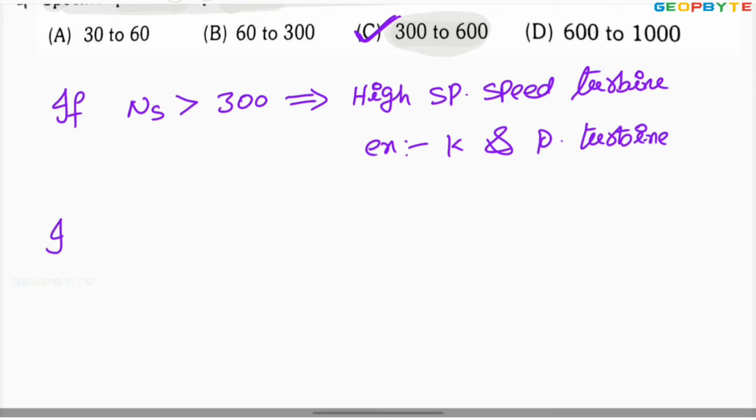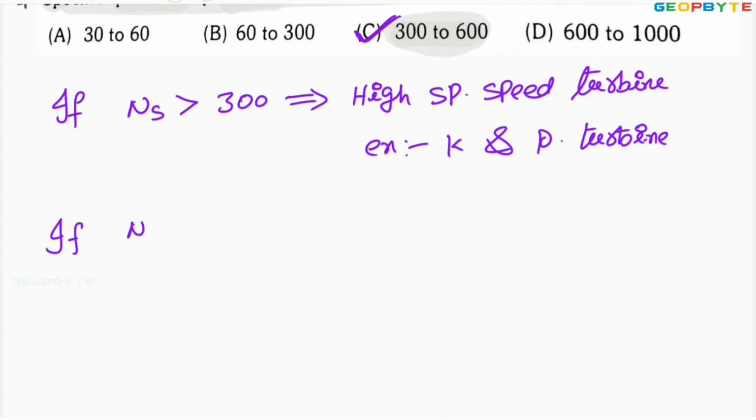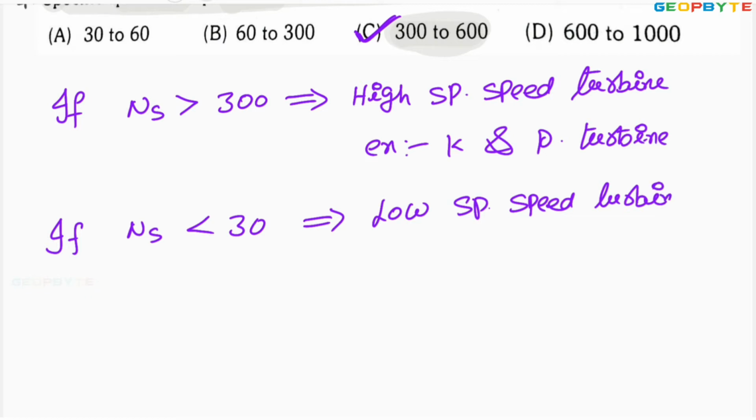If the specific speed is less than 30, that is called low specific speed turbine. The example for low specific speed turbine is impulse turbine like Pelton wheel.